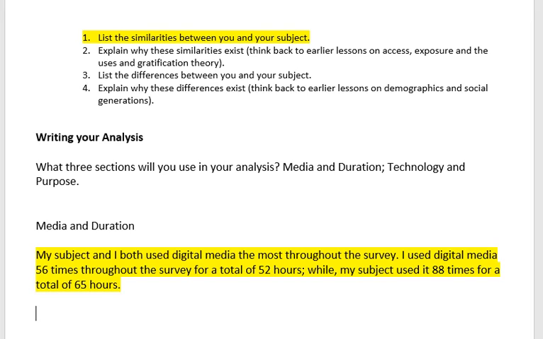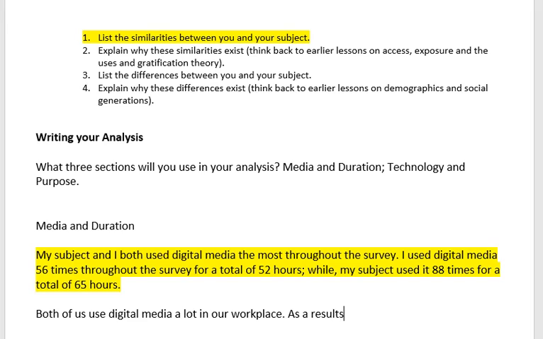Once I've done that, now I need to explain why these similarities exist. So I have to go back and think about why it is we use digital media. Part of that has to do with our access and exposure, and the uses and gratification theory. So I could say, both of us use digital media a lot in our workplace.